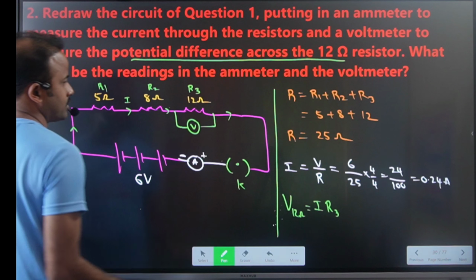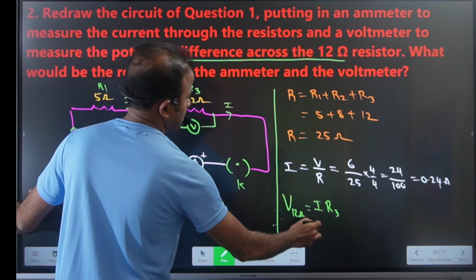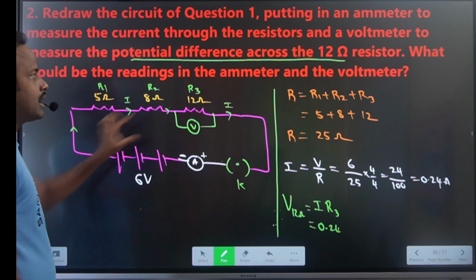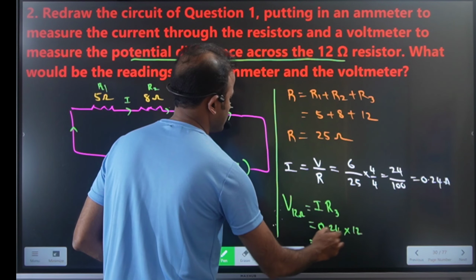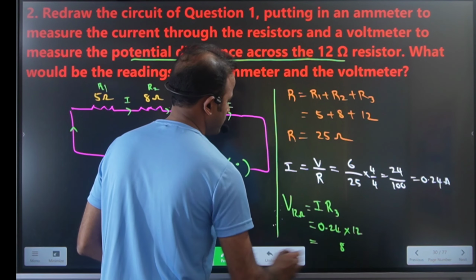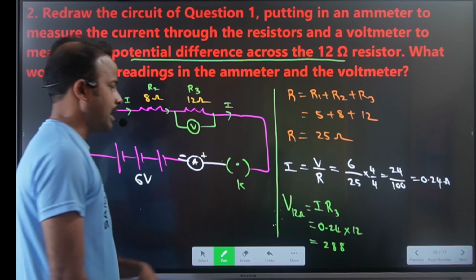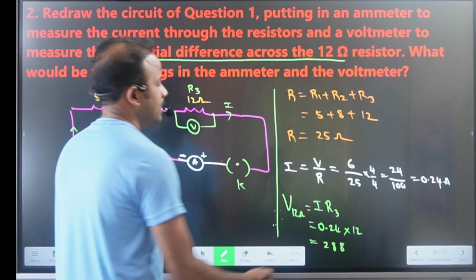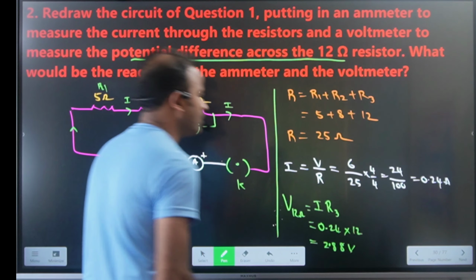The same current, 0.24 amperes, flows through each resistor. R3 is 12. 12 times 4 is 48, 12 times 2 is 24, plus 4 is 28. After 2 digits you put the point, that is 2.88 volts.